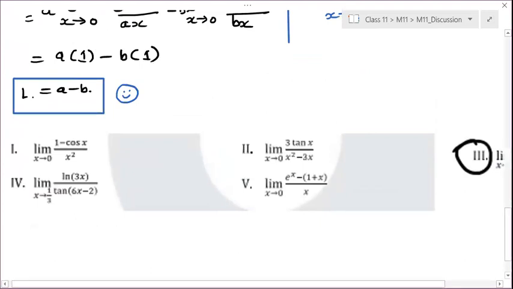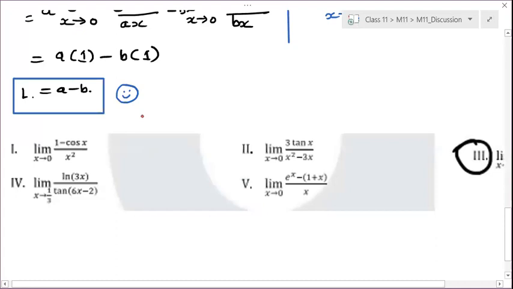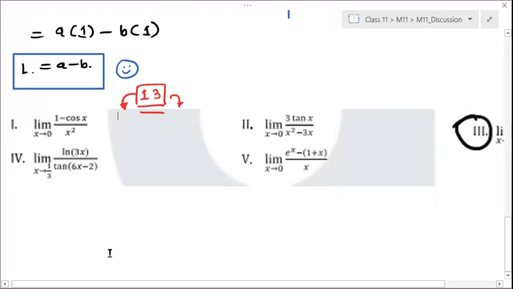Now see, this is your question number 30. Its first question, 1 minus cos x by x square.